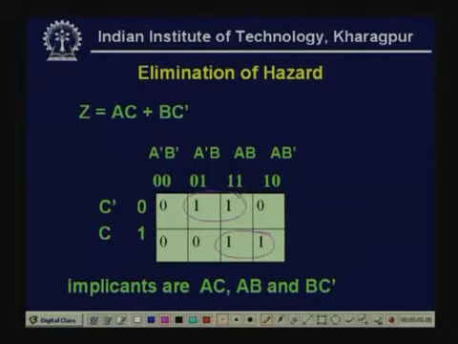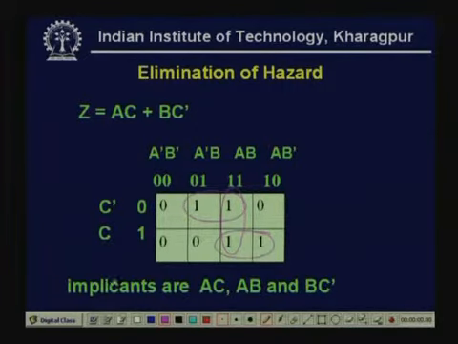Now, there is another redundant implicant, that is my AB, and what earlier we discussed, particularly by K-map or Quine-McCluskey, that this redundant implicant can be ignored, so that it can be further reduced. So, now again we consider this implicant AB. So, now the implicants are AC, AB and BC dash.